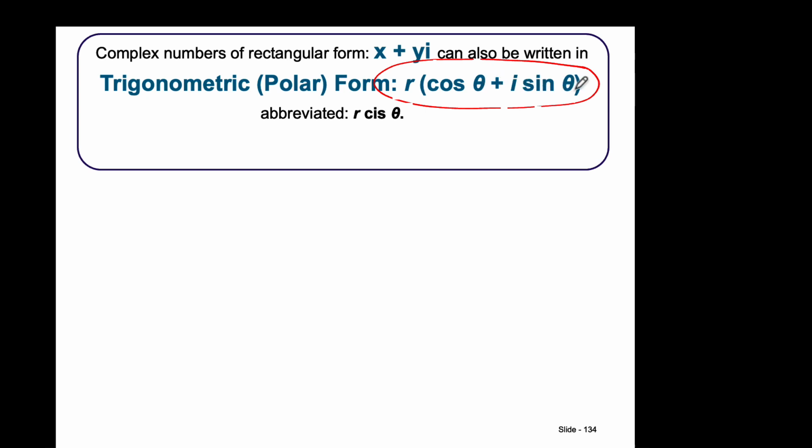But in the language of mathematics, we try to abbreviate everything we possibly can. So this can be abbreviated down to r, holding on to that, but the cosine, the i, and the sine, just written as CIS. And then theta has to be the same angle, so no need to write it twice; we just write it once. So this is an abbreviated trigonometric or polar form.